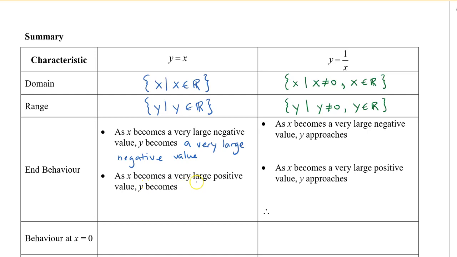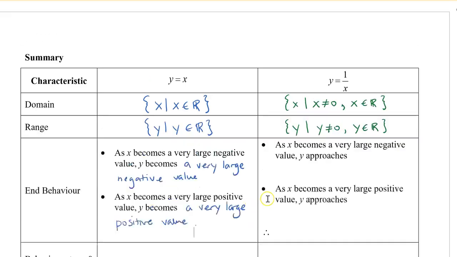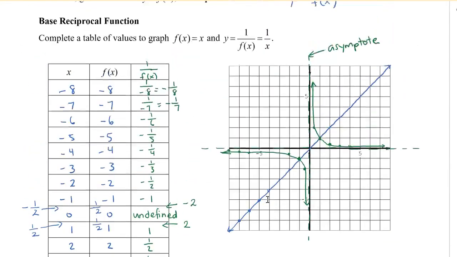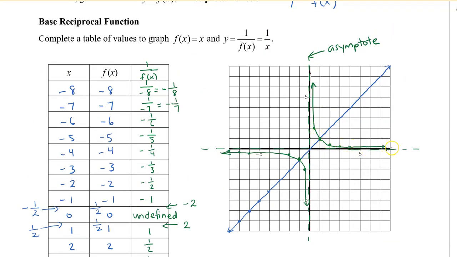And then as x becomes a very large positive value, y also becomes a very large positive value. Now, if you take a look at the reciprocal, as x becomes very, very large, y approaches 0, and we say it's from below.